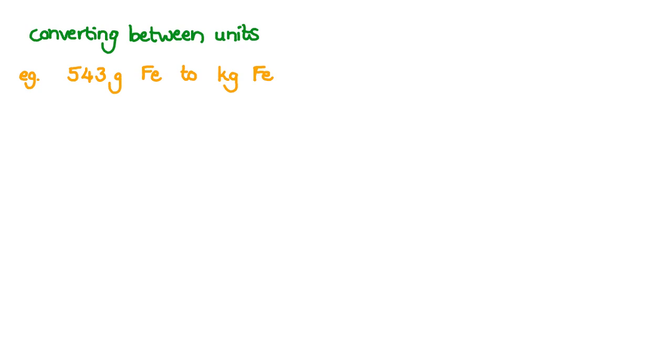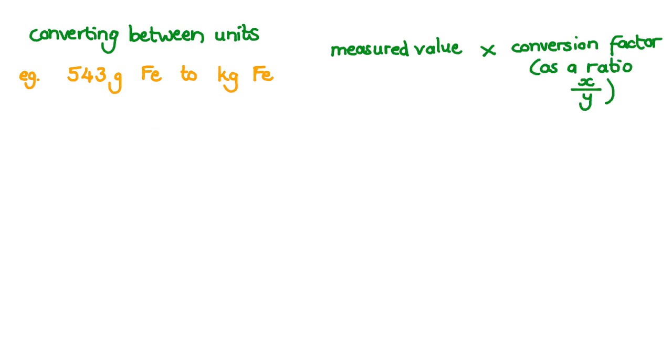Let's convert 543 grams of iron to kilograms of iron. How we do this is we take the measured or given value and multiply by a conversion factor to convert to the desired unit. The conversion factor must be written as a ratio of x over y. In this example, we take our measured or given value of 543 grams and we multiply by the conversion factor.